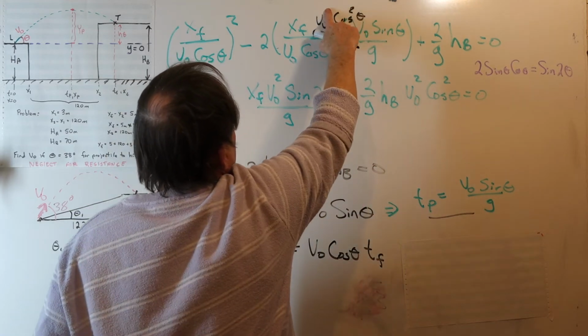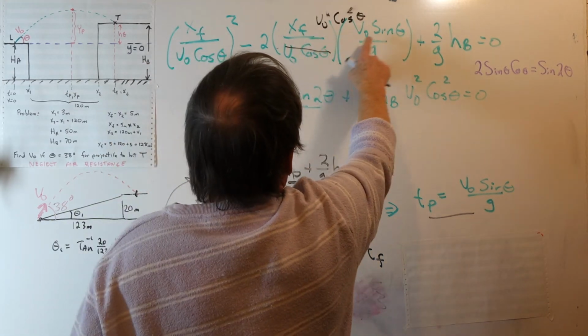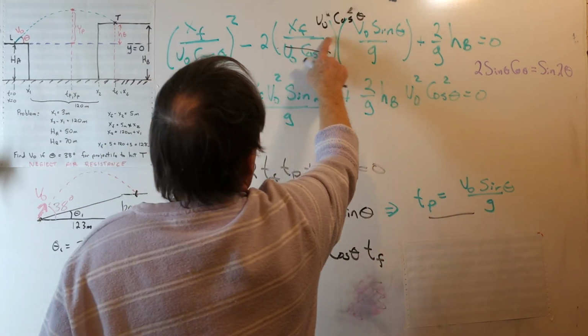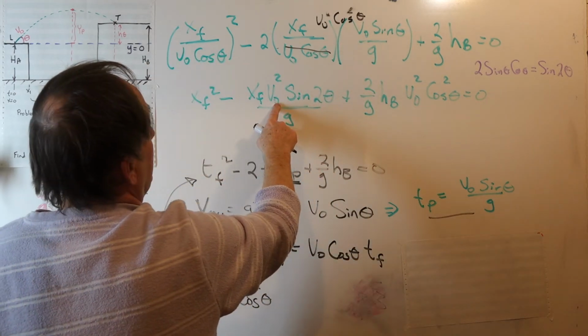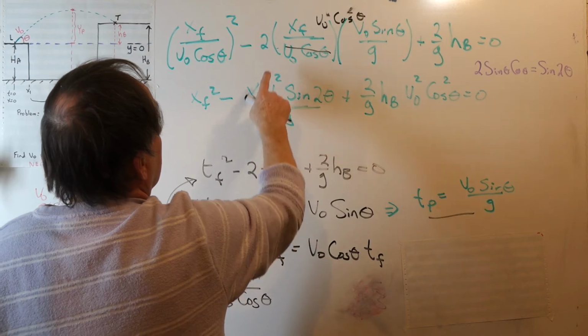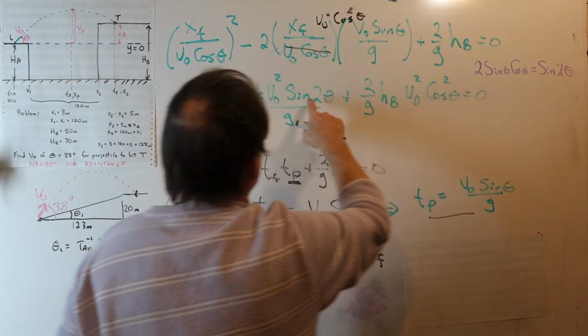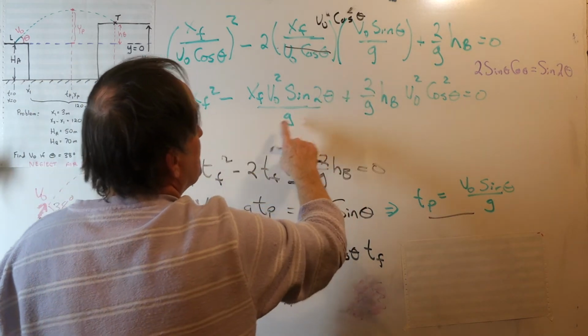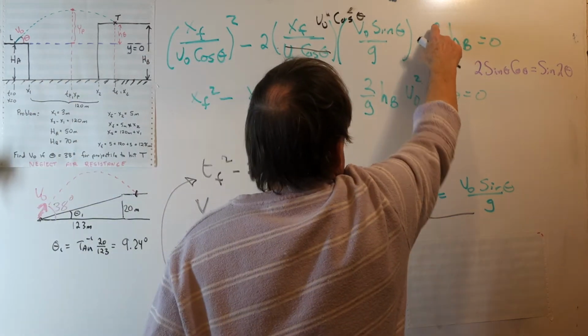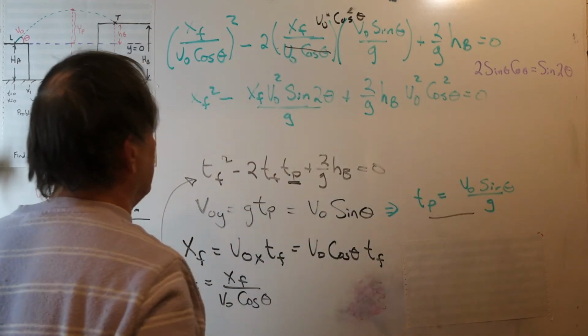One of these cancels with that, and we end up with V0 squared. We have V0 times V0. So that's V0 squared, xf, and then we have twice sine theta cosine theta, which is sine 2 theta, and then divided by g. And then we have 2 over g hb times V0 squared cosine squared theta.